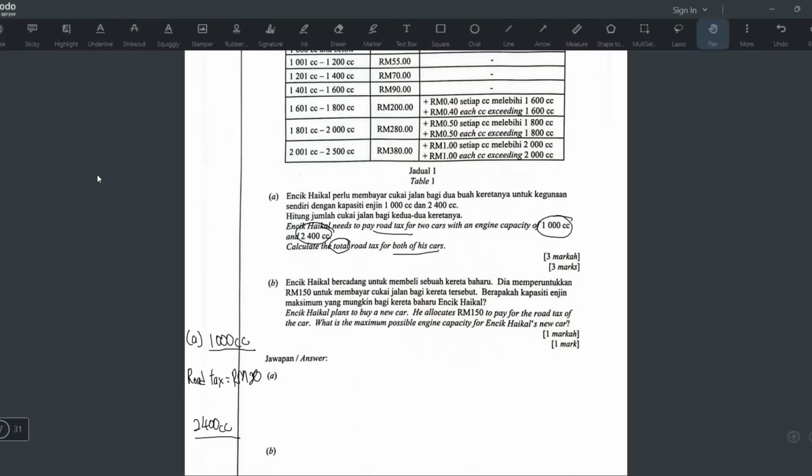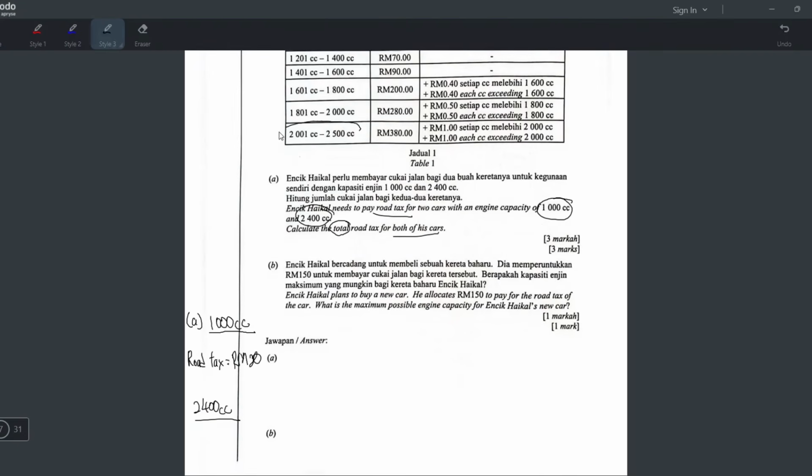Now for the 2400cc, we go to the range yang 2400 punya inilah, and then 380. So I write Rotex equals 380 is the base rate, but then the progressive rate is tambah RM1 setiap cc melebihi 2000. Maksudnya kalau you punya cc 2001, you have to bayar 380 tambah RM1.